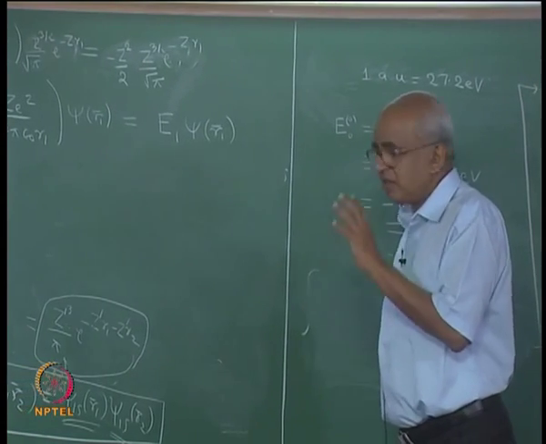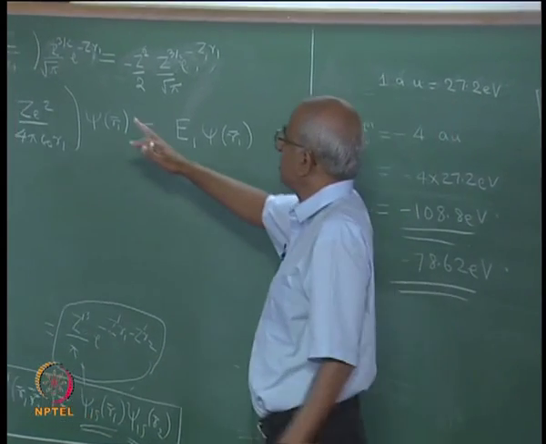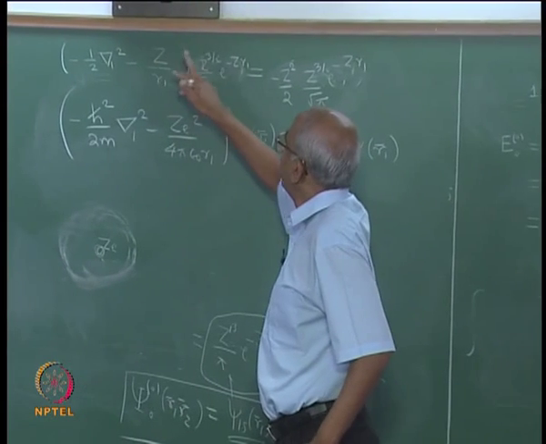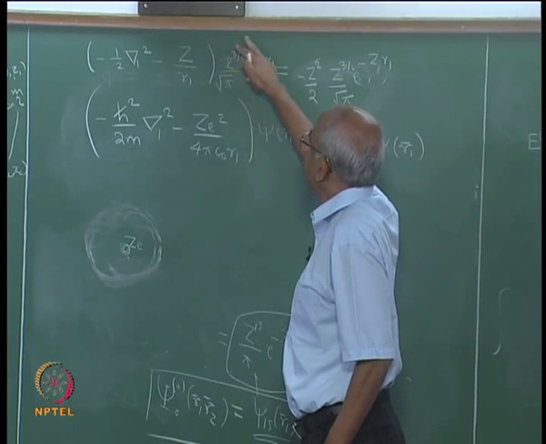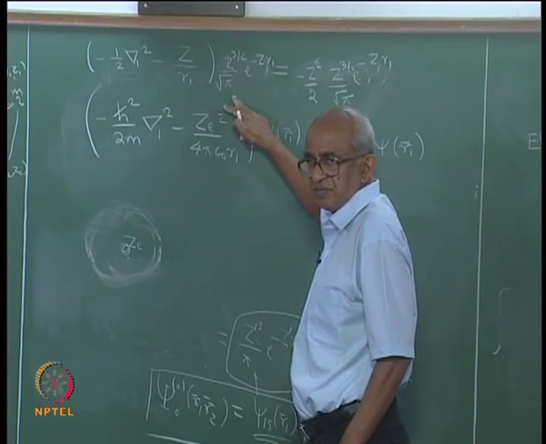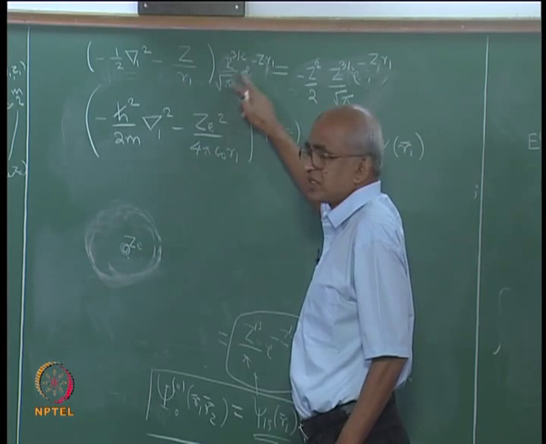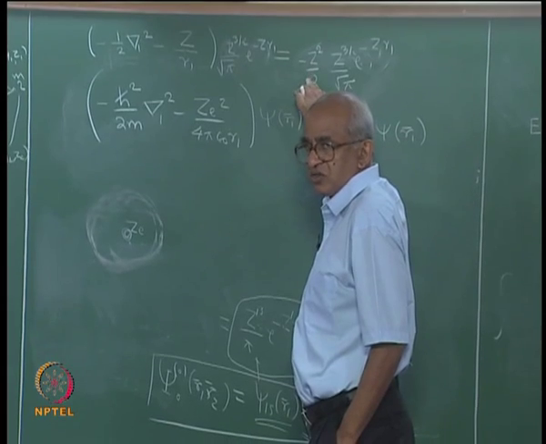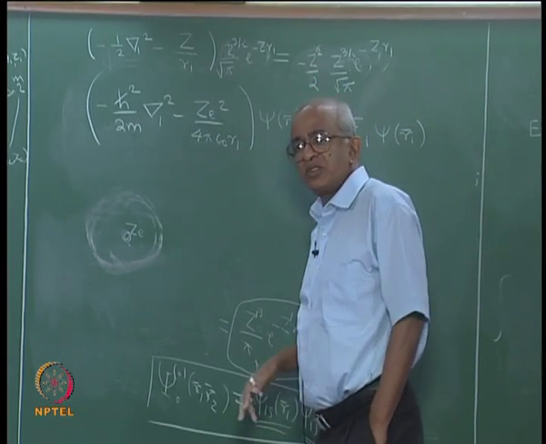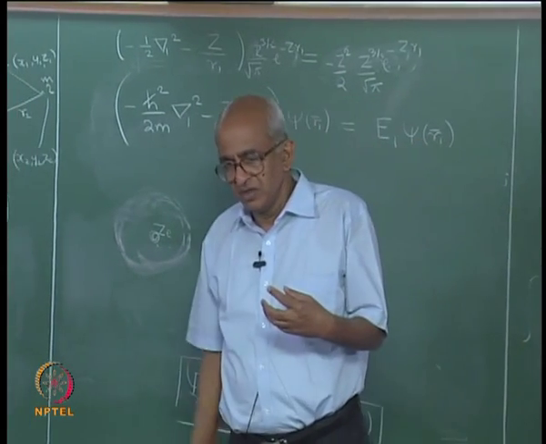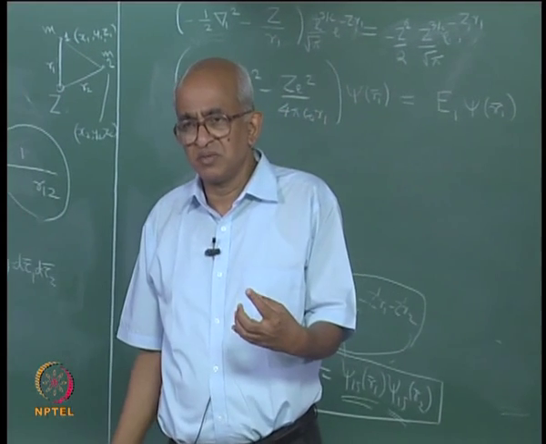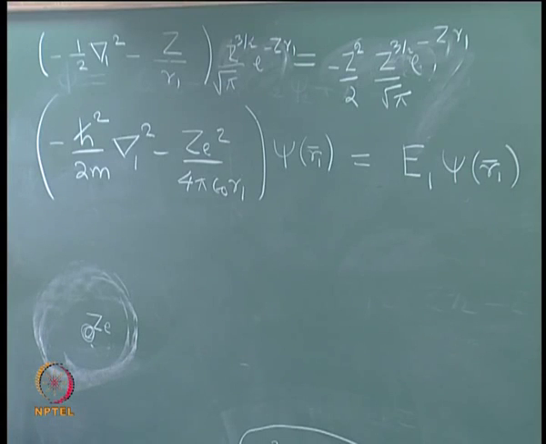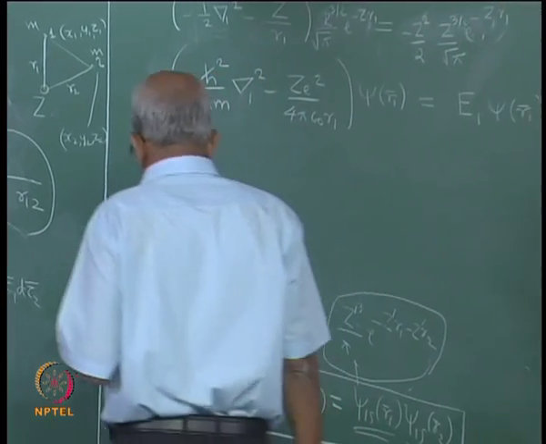Agreed? So this is if the nuclear charge were Z, and if the electron felt the full nuclear charge, then the wave function would be so much and the corresponding energy will be so much. But now suppose I say, I have not the full nuclear charge, but a nuclear charge which I denote as Z prime.